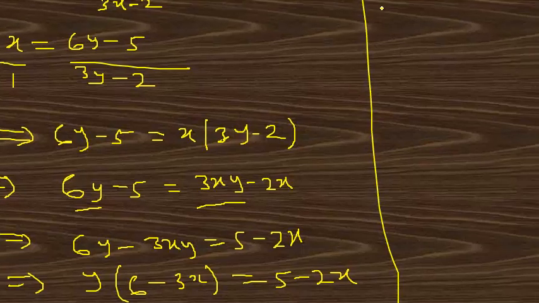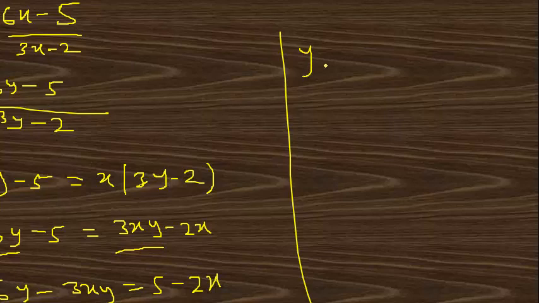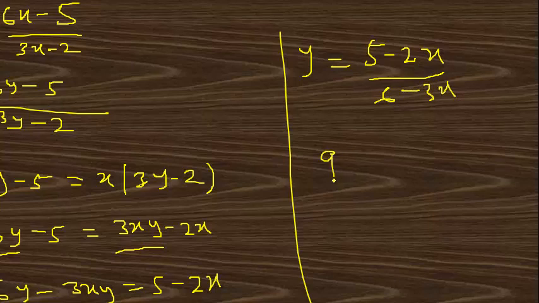Okay, so let's divide both sides by the coefficient of y. So we have 5 minus 6x over 2 minus 3x. So this is the g inverse.